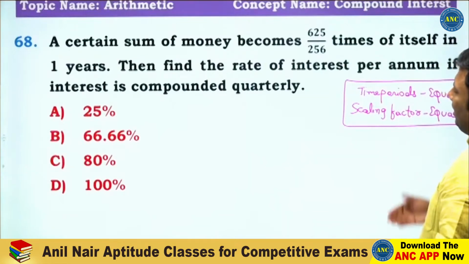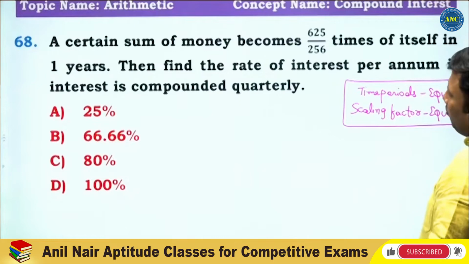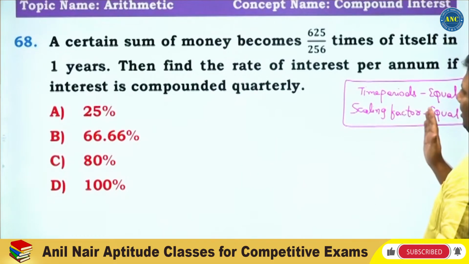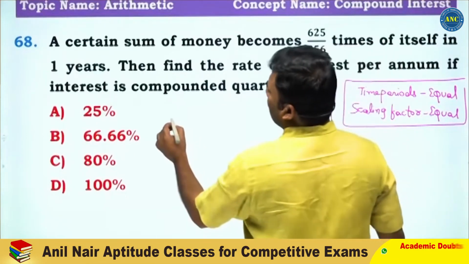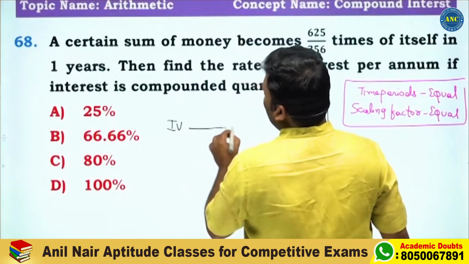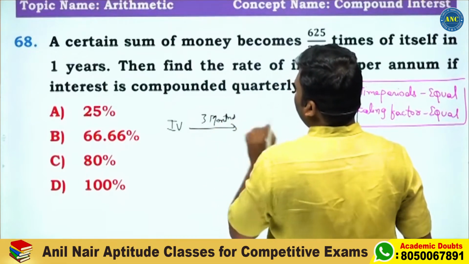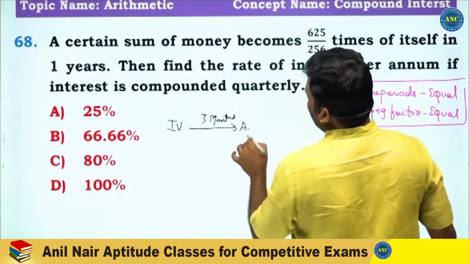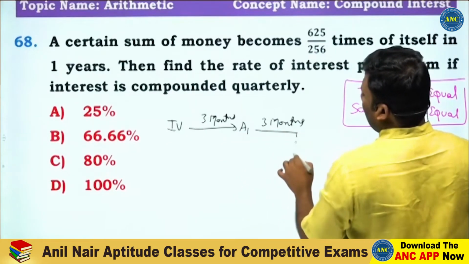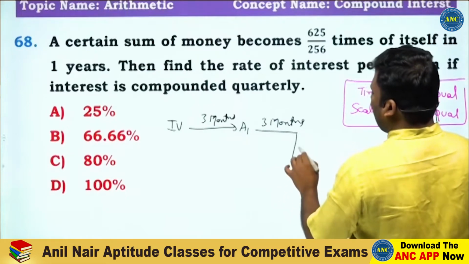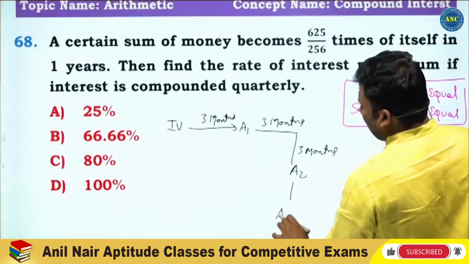A certain sum of money becomes 625 by 256 times in 1 year. Find the rate of interest if the interest is compounded quarterly. That means there is an initial value. Quarterly is 1/4. After 3 months I calculated, then again after 3 months, then again after 3 months, then finally I will complete 1 year.